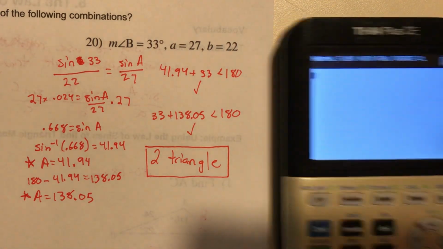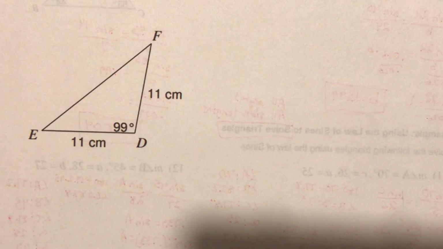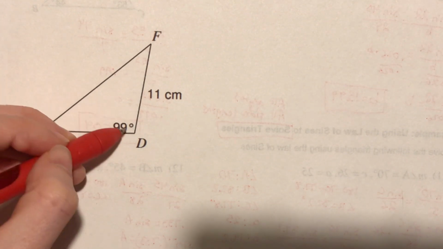All right, last one here. What is the area of a triangle using the sine rule? Okay, what we're going to do here is we are going to use the altitude to help us out. So for this one, triangle EDF, what I'm going to do is I'm going to draw the altitude right here.